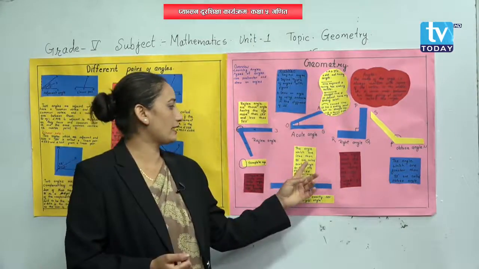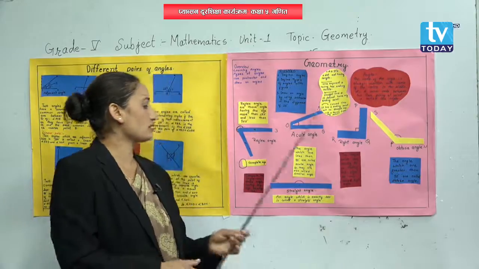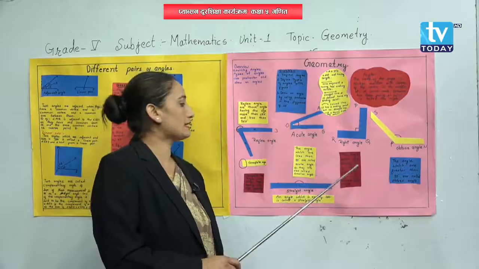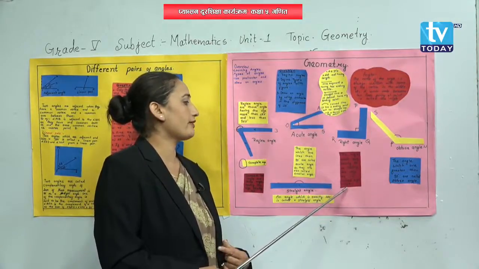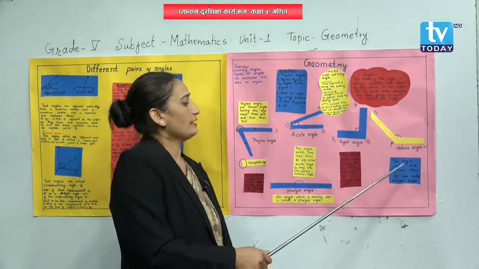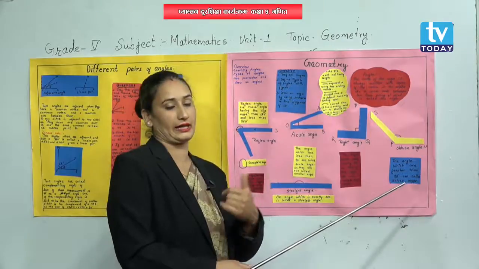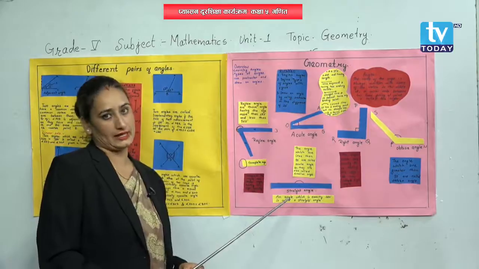The angles which are less than 90 degrees are called acute angles, also called smaller angles. The angles which are exactly 90 degrees are called right angles. The angles which are greater than 90 are called obtuse angles. Similarly, next we move to the straight angle.